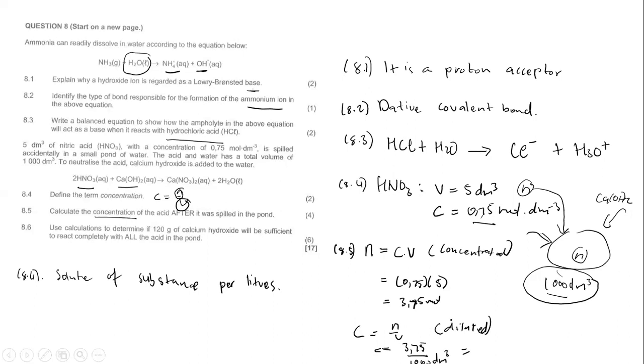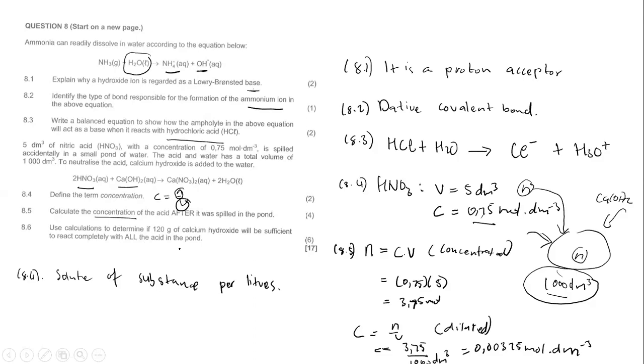So 3.75 moles divided by 1,000 cubic decimeters, we get the new concentration to be 0.00375 mole per cubic decimeter. So this is how we answer question 8.5. This is how we get the concentration after the acid is diluted, because it is in 1,000 cubic decimeters.